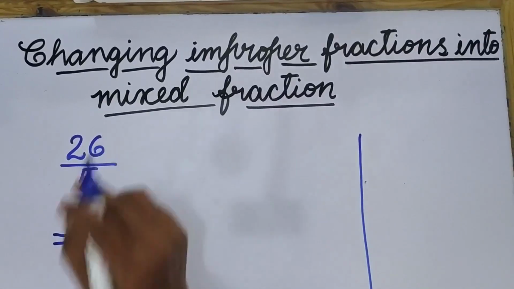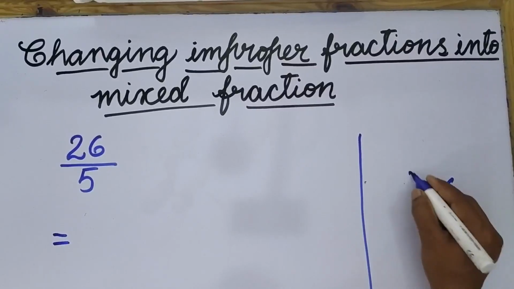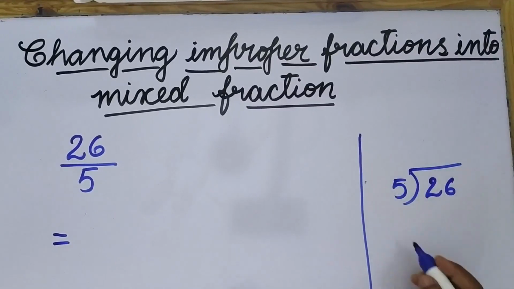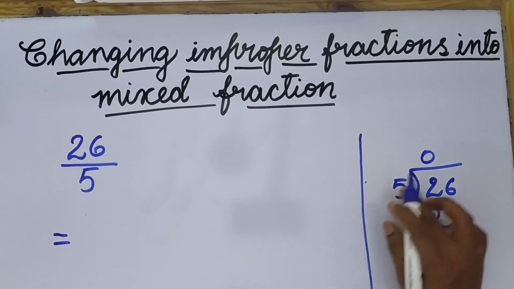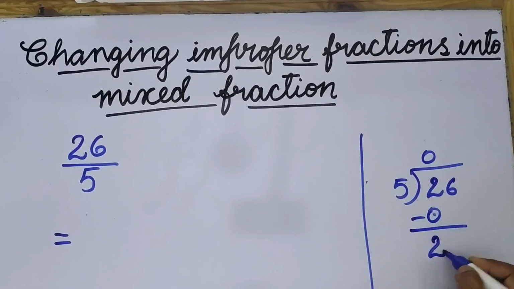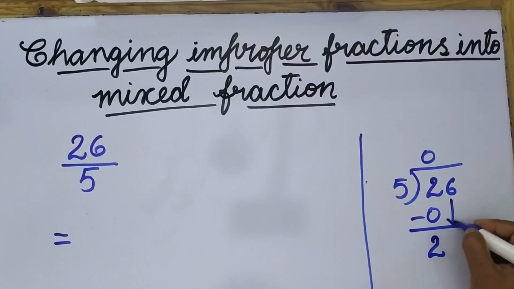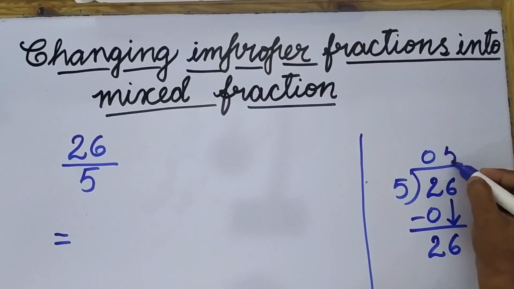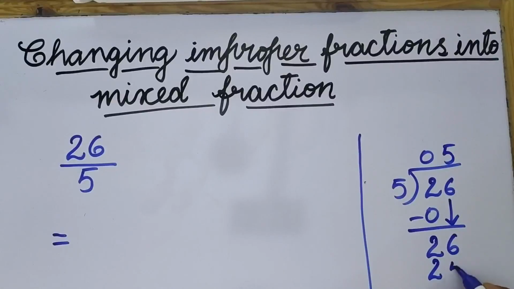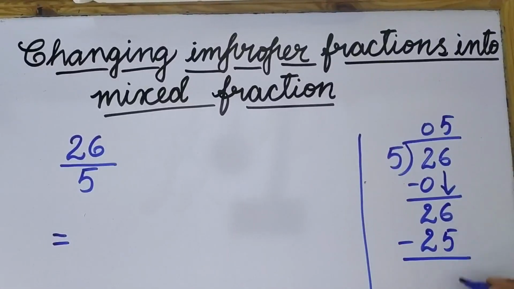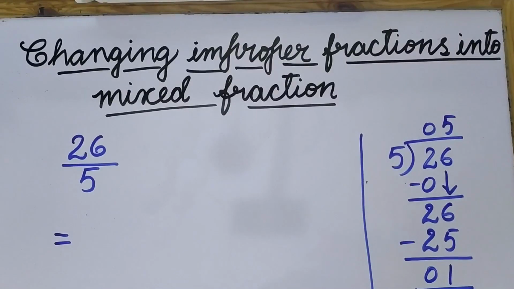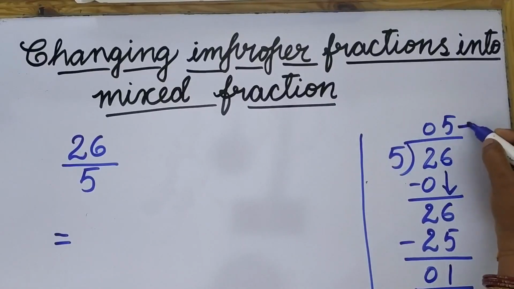Here, the numerator 26 should be divided by 5. Divide 26. 5 zeros are 0, so 2 will be left after subtraction. Then take down 6. So 5 5s are 25. How much is left here? Yes, it is 1. So while changing improper fractions into mixed fraction, we should keep in mind this quotient.